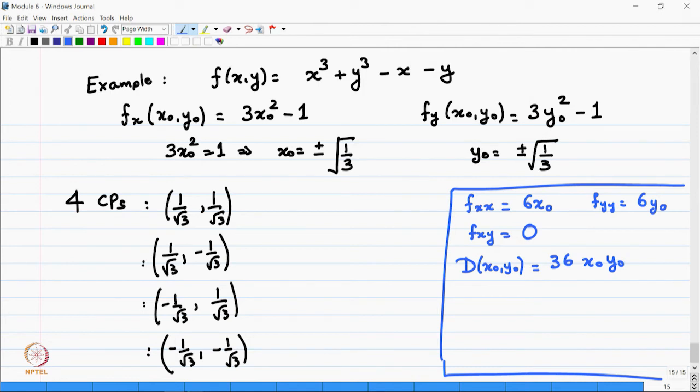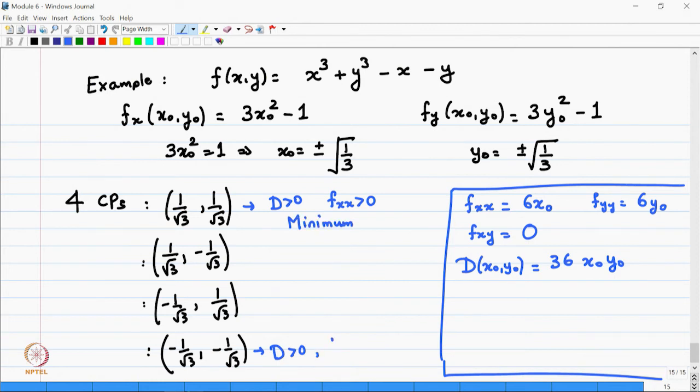Now, in the first case and the fourth case D is greater than 0. If you look at f_xx for the first, f_xx is greater than 0, so this is clearly a minimum.